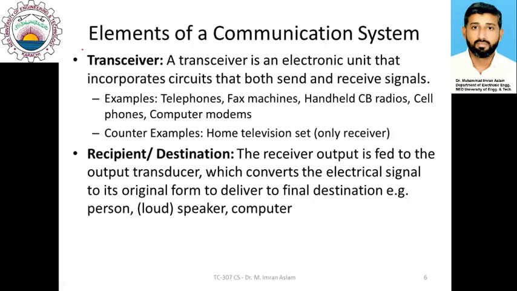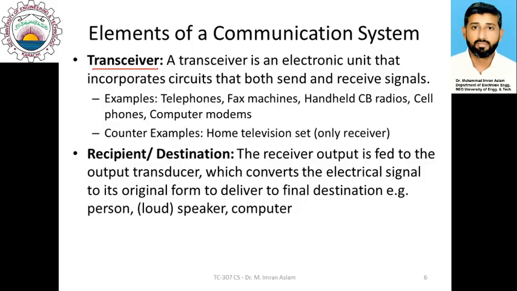Sometimes we use a term named transceiver. A transceiver is a combined term for transmitter and receiver. Whenever we are using a device or a circuit where we incorporate both transmitter and receiver, we call that thing a transceiver.